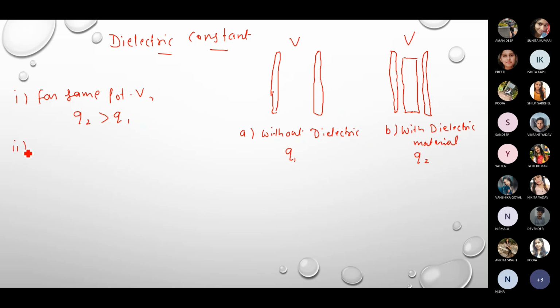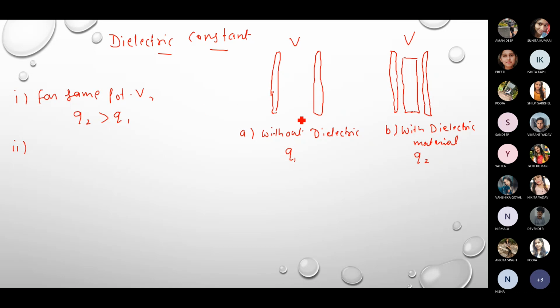Second observation was, if the capacitors are given same charge, the potential difference between the plates with dielectric is smaller than without the dielectric.